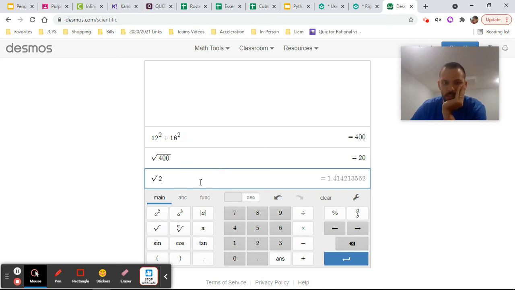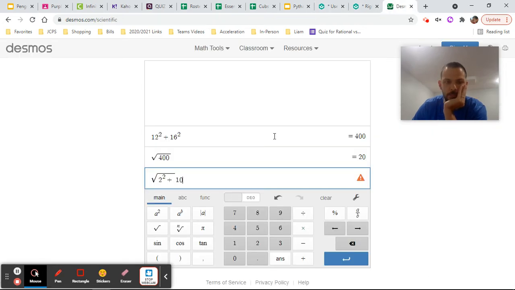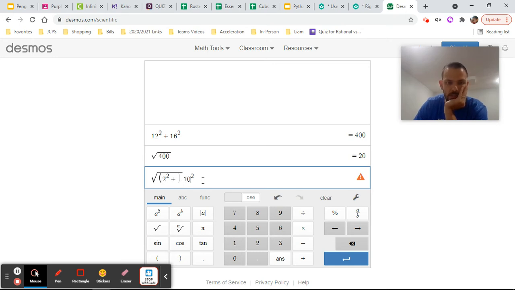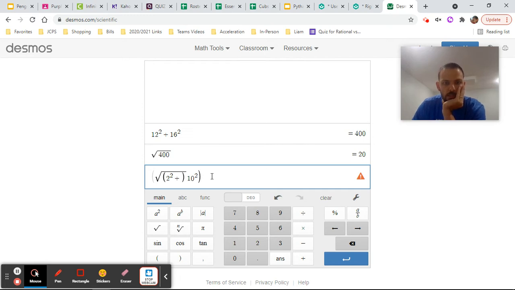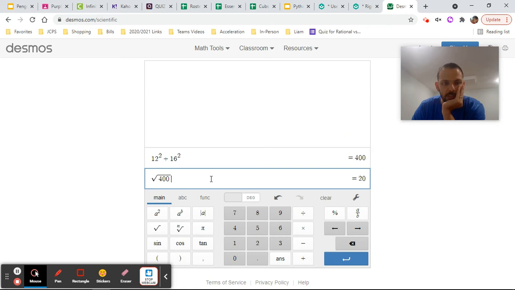Square root, and we had 2 squared plus 10 squared. I'm not sure that's all in there. Maybe I need some parentheses. Oh, it's not going to work. Try a shortcut, it's not going to work.